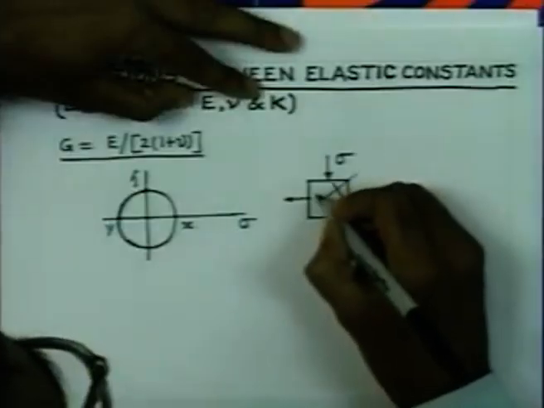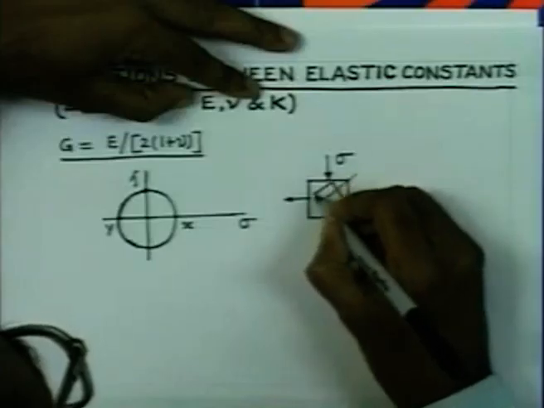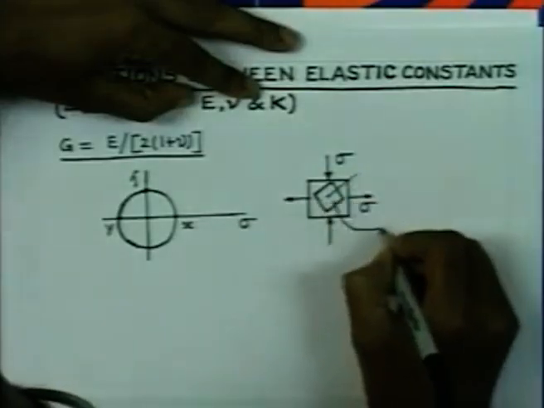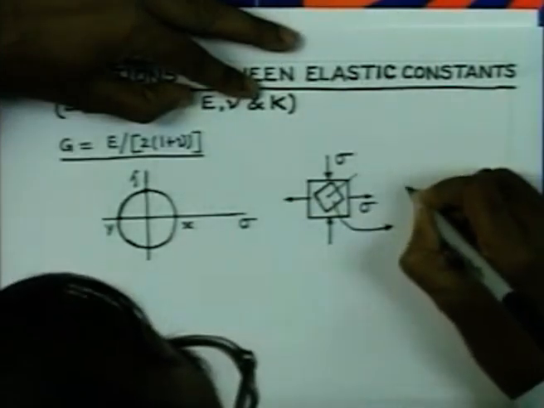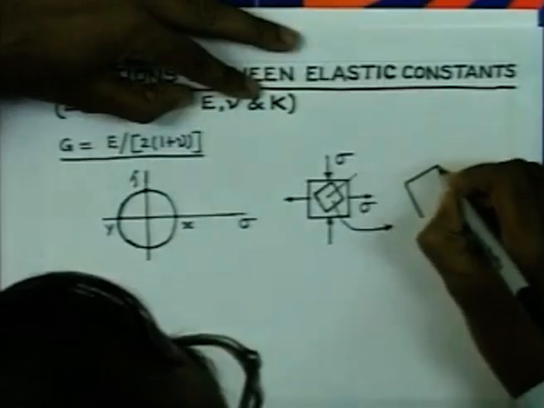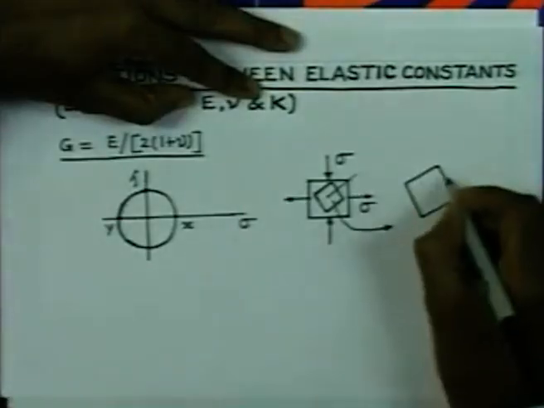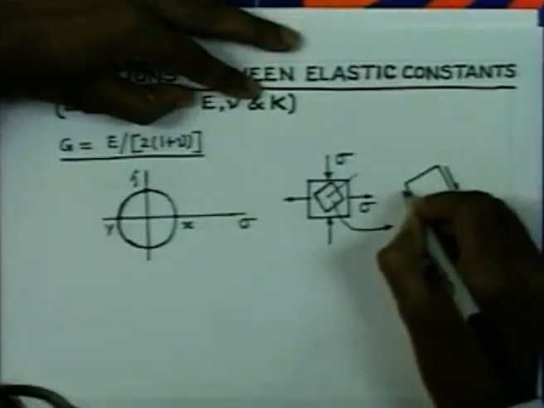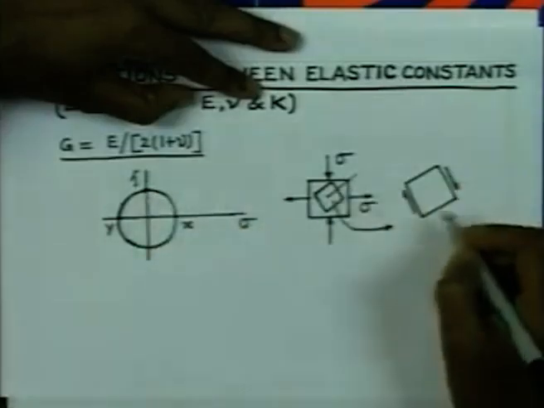If we now draw an element which is oriented like this, we draw this element separately here. This is the element and it is subjected to stresses. This is tau acting there. So, tau acting on this face is in this direction.